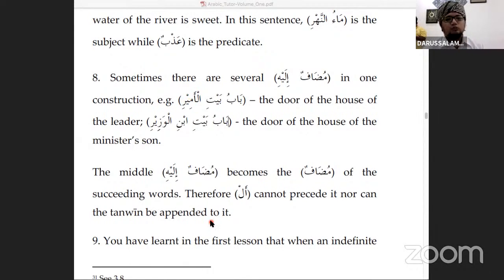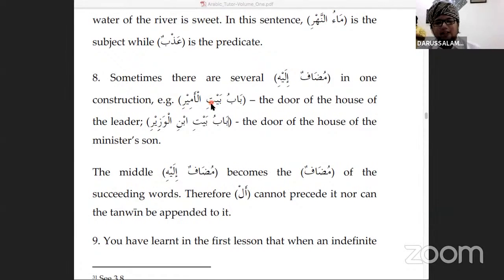So, we said that if it's mudaf, remember the two rules, the mudaf cannot have alif lam and cannot have tanween. Remember? And the mudaf ilayh must always be majrur with a kasrah. So we said here babu baiti. Baiti is mudaf ilayh, which is also a mudaf.